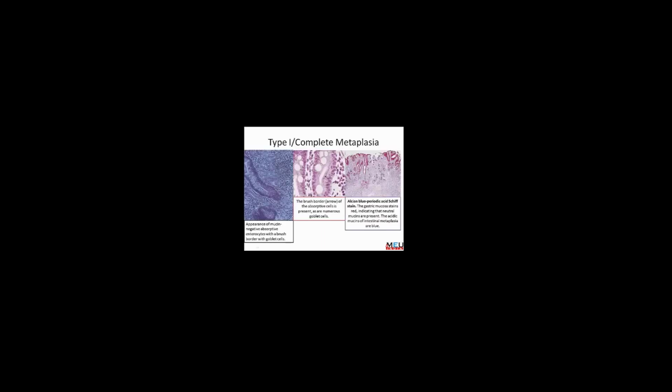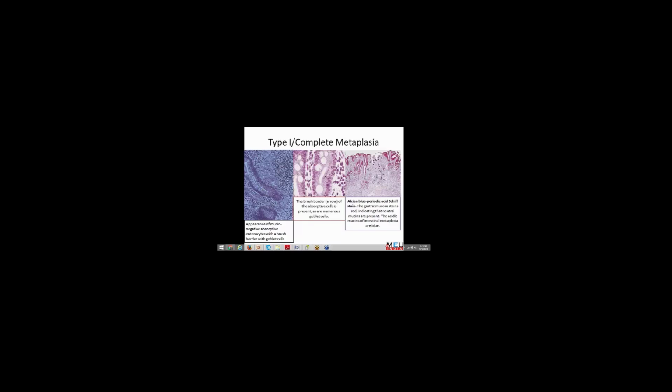There are basically 2 types, type 1 which is complete and type 2 which is incomplete. Now, this is the type 1 metaplasia which is complete, and in this slide we can see the appearance of mucin negative absorptive enterocytes with brush border, and the number of goblet cells has markedly increased.